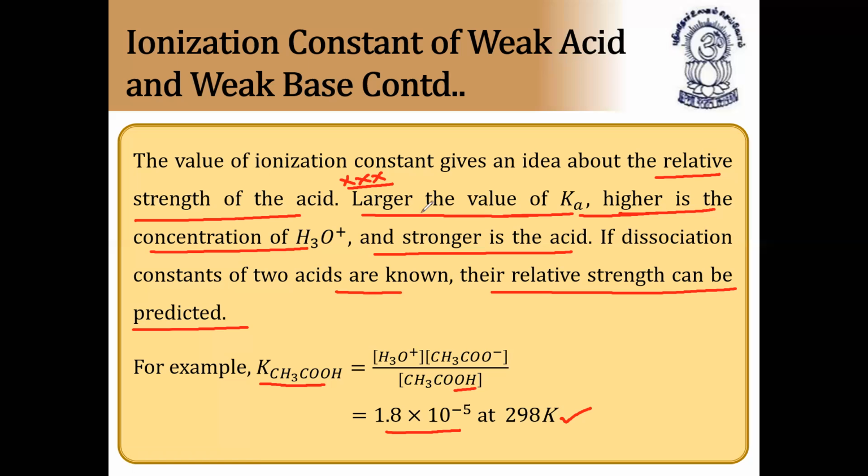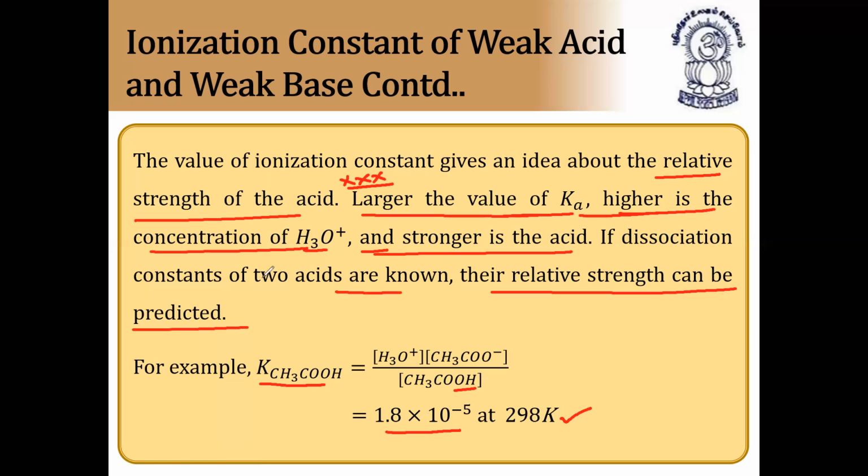Larger the value of Ka, higher is the concentration of H3O plus, and stronger is the acid. This statement is very, very important. Please note it down in the classwork. Again, I'm repeating the statement: larger the value of Ka, higher is the concentration of H3O plus, and stronger is the acid.